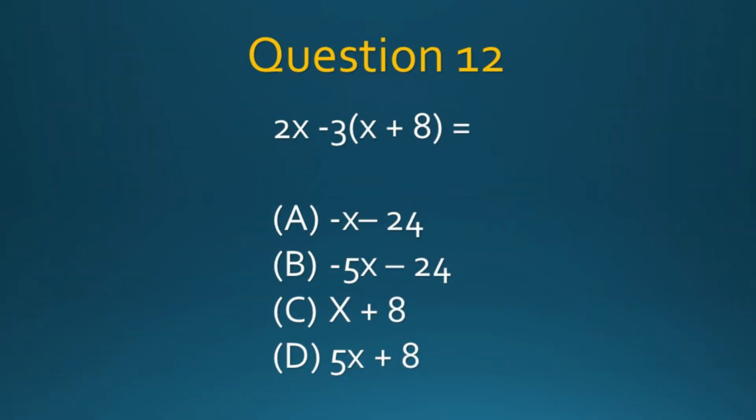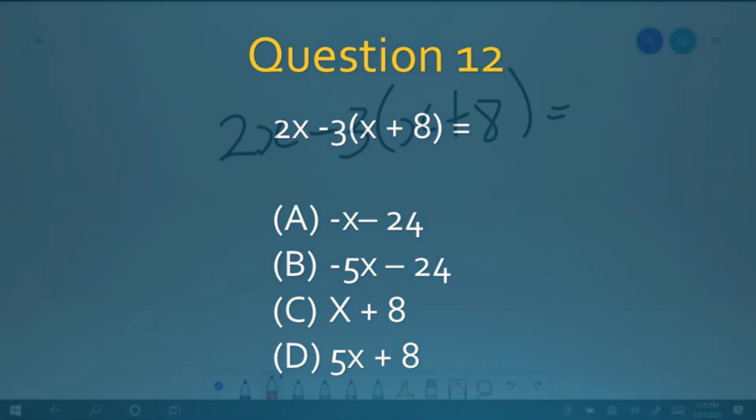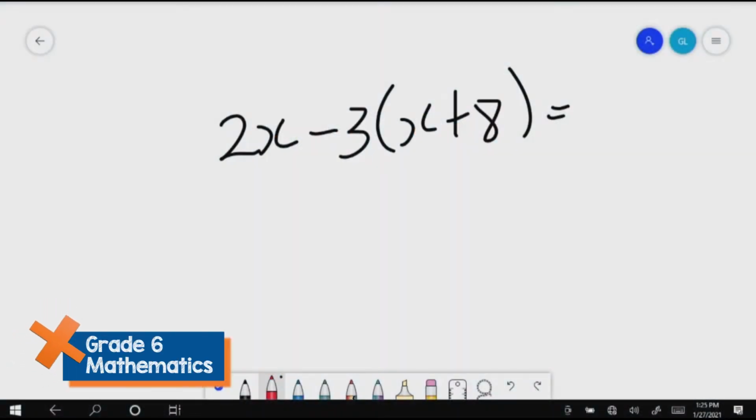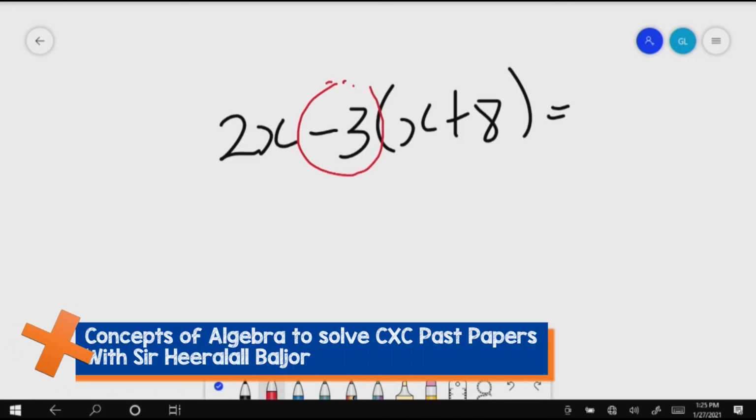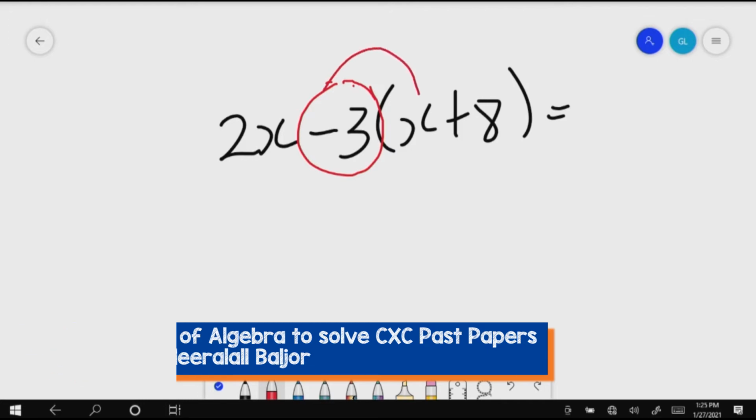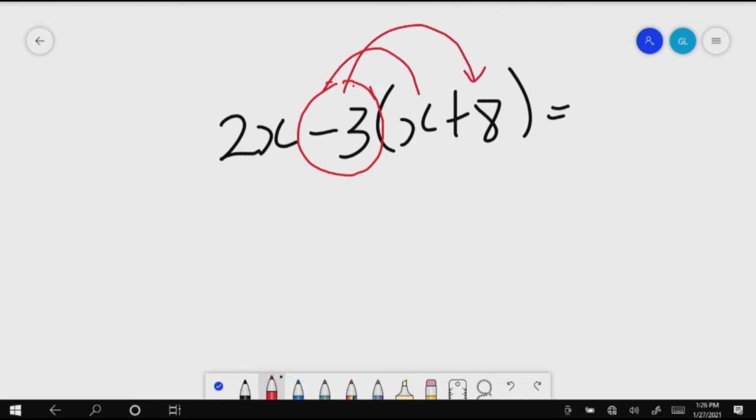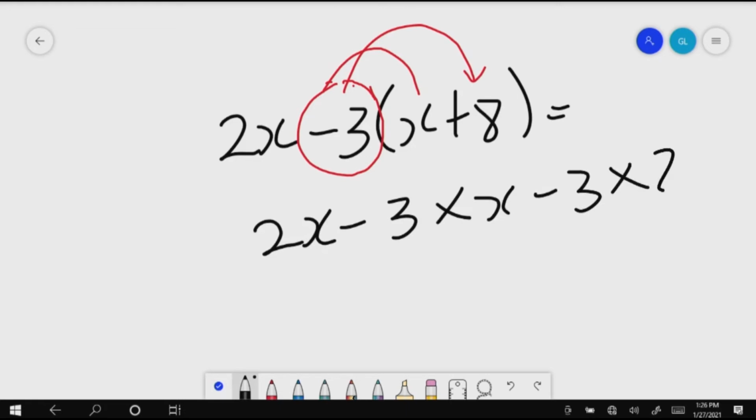2x minus 3 times x plus 8 equals what? This is a very interesting question where we need to recognize the bracket is governed by this coefficient here, and this coefficient is not a positive 3, but a negative 3. So in removing the bracket, we need to be very careful. So this would be 2x minus 3 times x minus 3 times a positive 8.